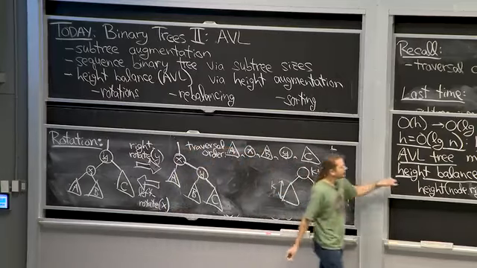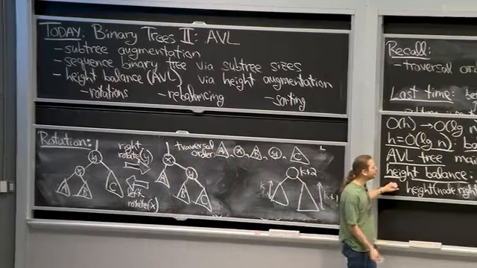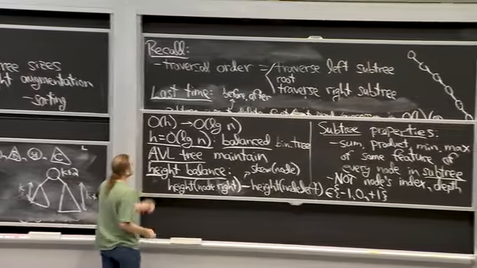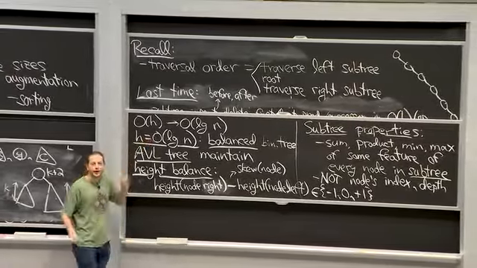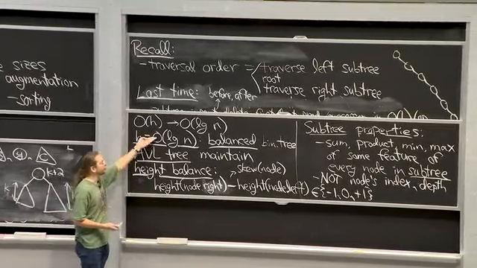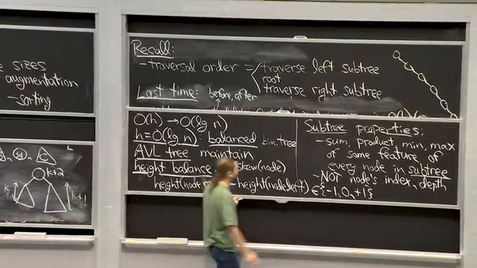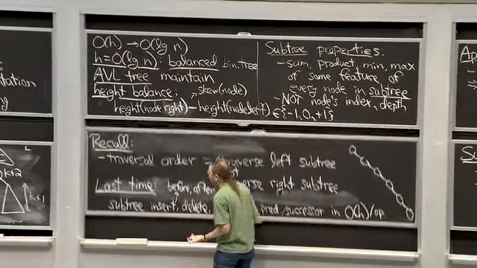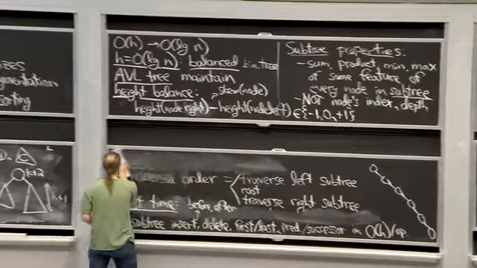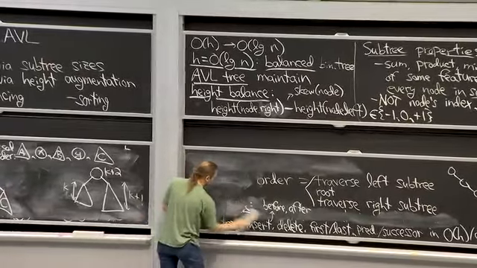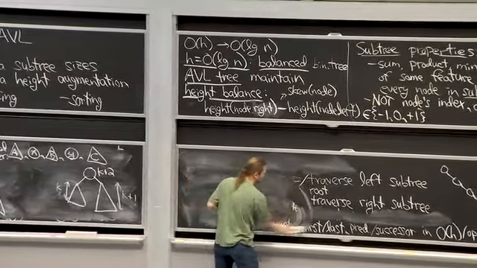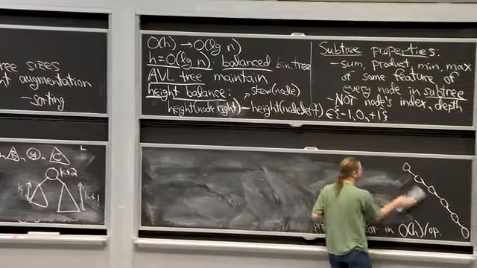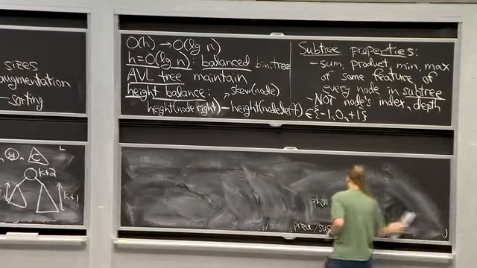So the first claim is that if I could maintain height balance, then I will guarantee that h equals log n. So in other words, height balance implies balance. So let's prove that first, quickly. And then the interesting part is, how do we actually maintain the balance property? We're going to do that using rotations, but how is a big question.